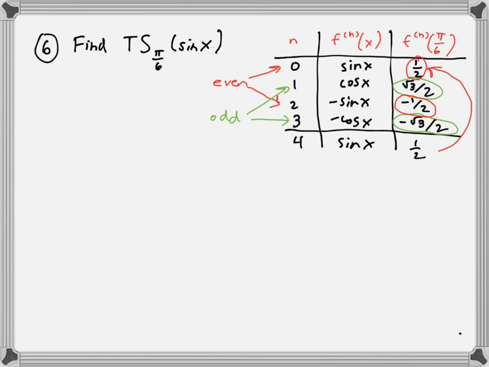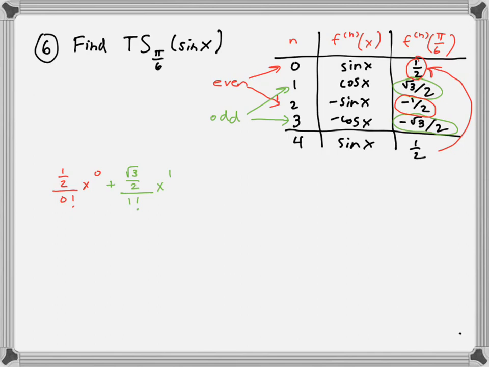So let's start with the evens. So I get 1/2 over 0 factorial x to the 0. I'm going to use two different colors here to show you the different powers. The next one, remember, is plus root 3 over 2 over 1 factorial x to the first.